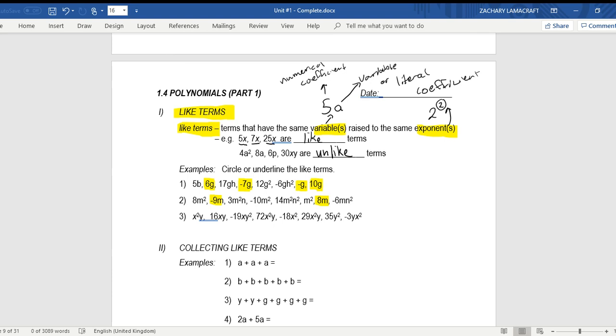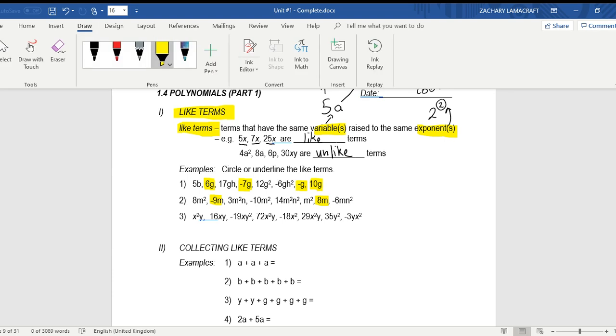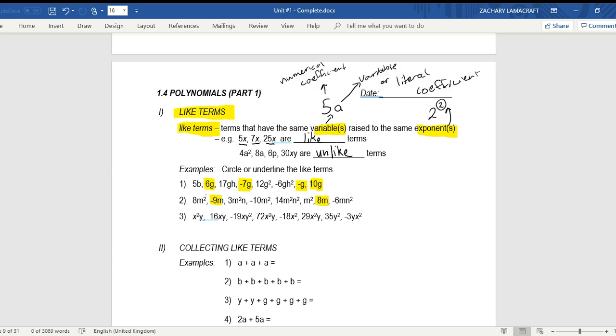Well, we actually have another one, which is 8m squared, and we have negative 10m squared. If I continue to look, that 3m squared n looks very similar to the negative 6mn squared.